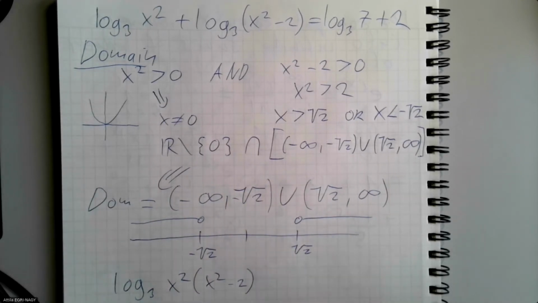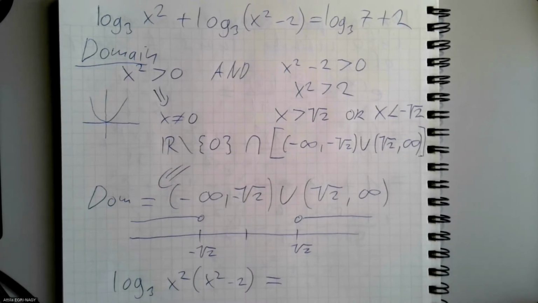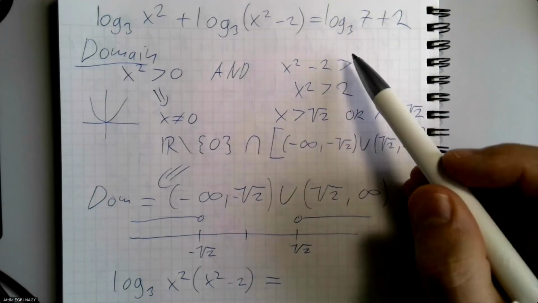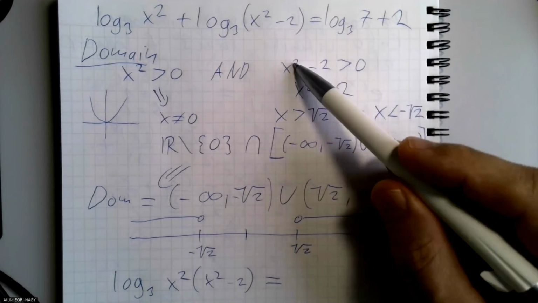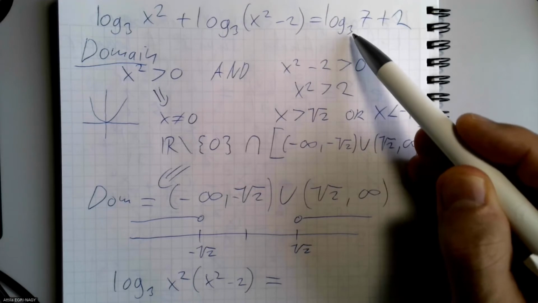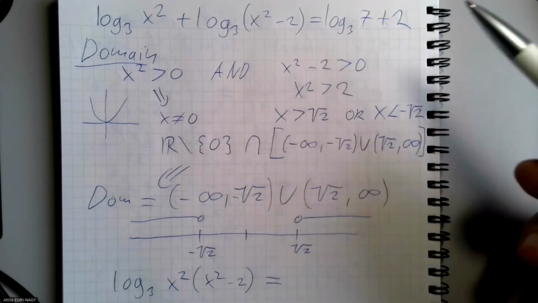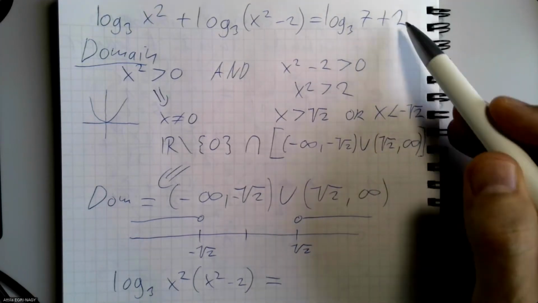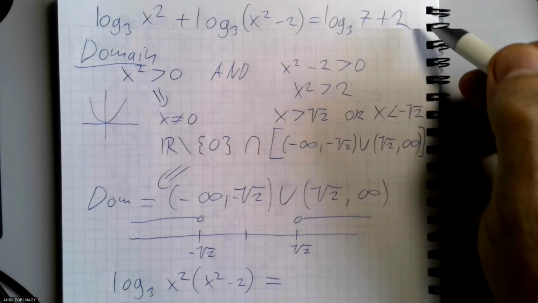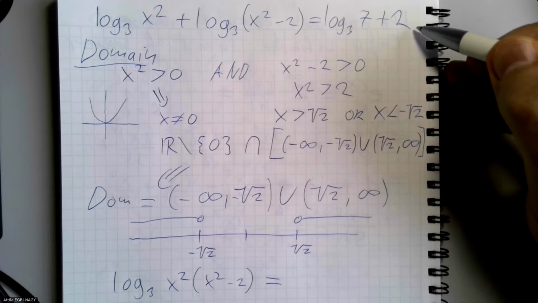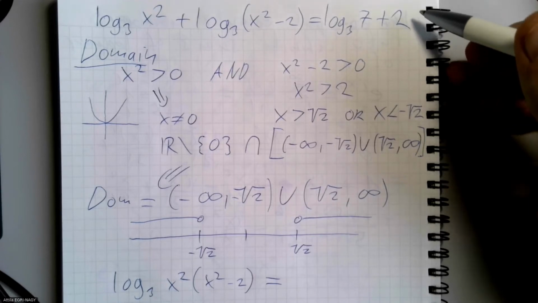Okay, and here what can I do? Well, it's the logarithm of 7, that's just a number, and I also have just a number, that's 2, but I cannot combine them this way. But I can actually write 2 as the base 3 logarithm of 9, because 9 is 3 to the power 2.